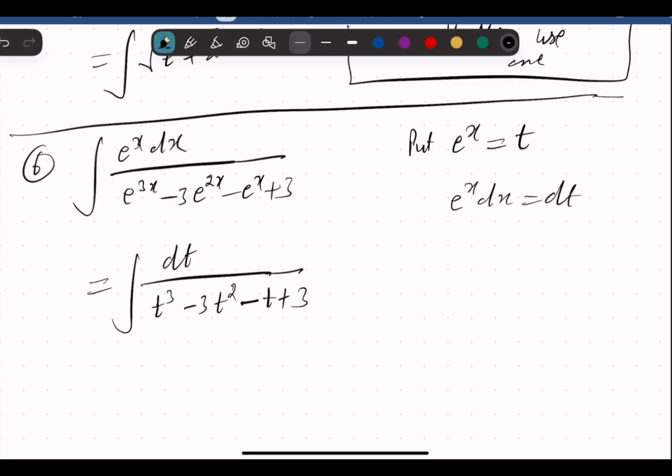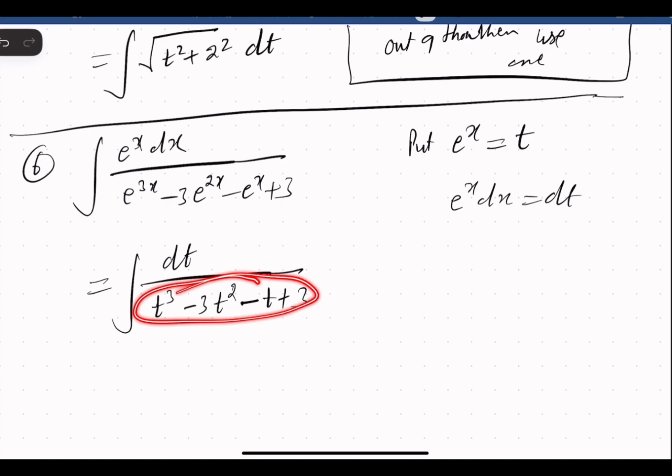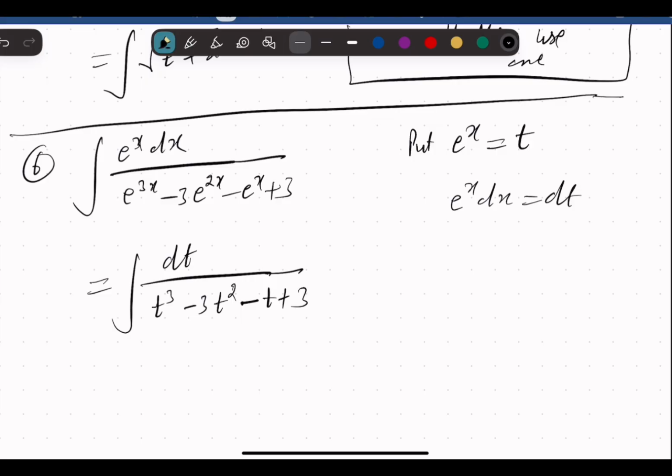I already made a video. If you have a cubic in the denominator, it must have a factor. If it is quadratic, then you can change it into a complete square. If no factor, you can do it that way. But if it is cubic, then it must have a factor. That means you have to change this into factors.